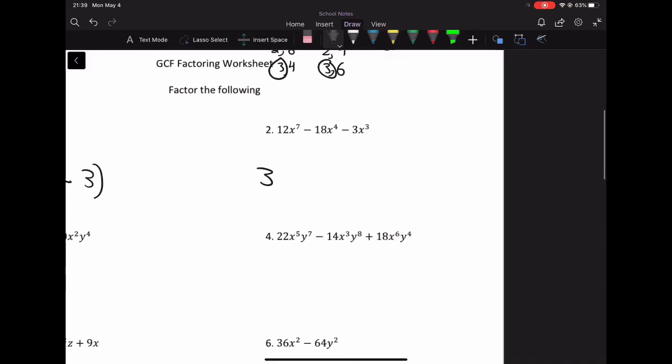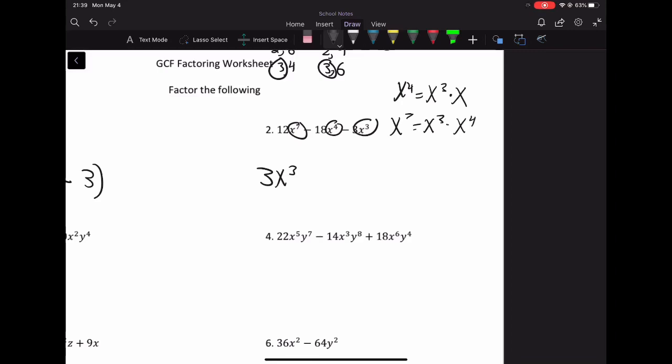Now, when we're looking at our x terms, we have an x cubed, x to the 4th, and x to the 7th. That x cubed is going to be our GCF because it can go into the other two terms. And just to show you really quick, x to the 4th is equal to x to the 3rd times x. X to the 7th is equal to x to the 3rd times x to the 4th.